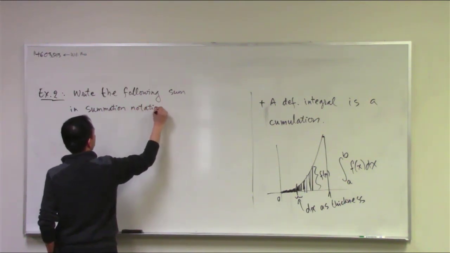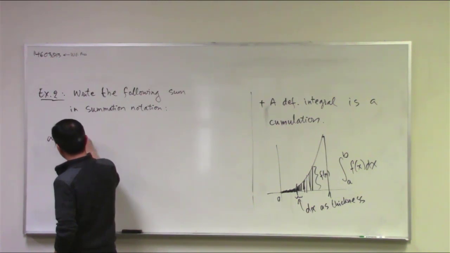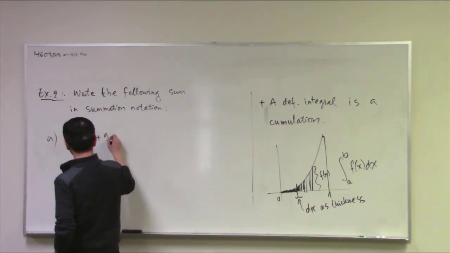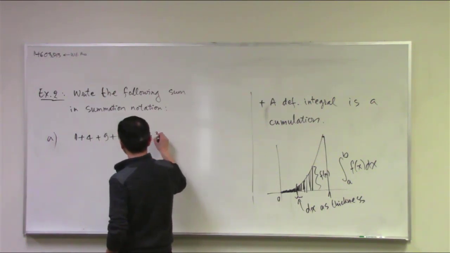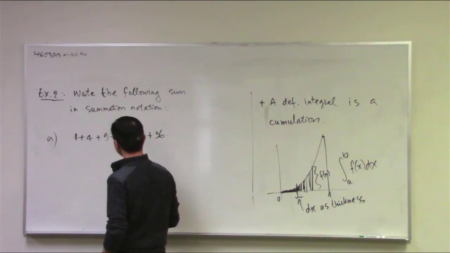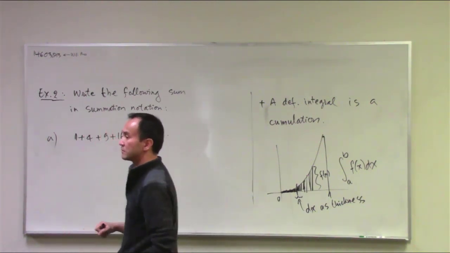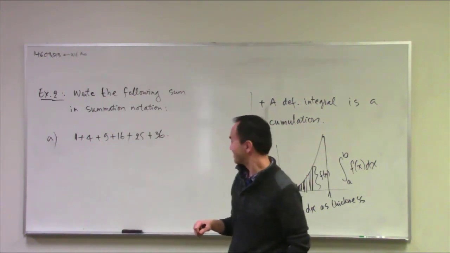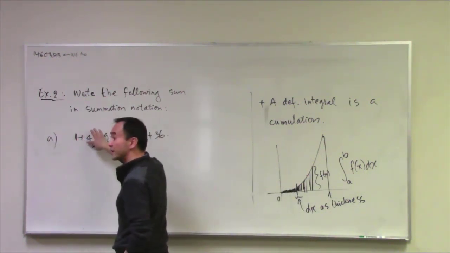Meaning the first sum I have here, how about 1 plus 4 plus 9 plus 16 plus 25 plus 36. Sound good? How many terms are there? 6 terms, right? Okay. And so you got the whole sum written down in terms again, right?